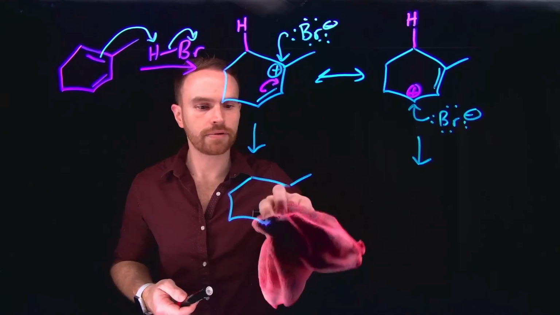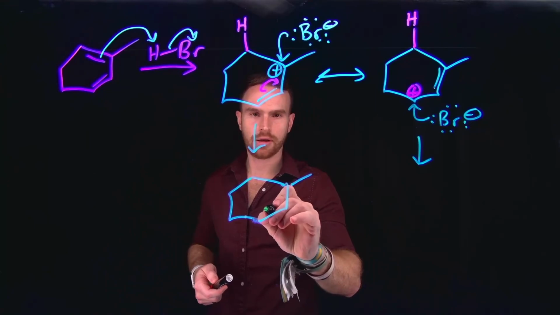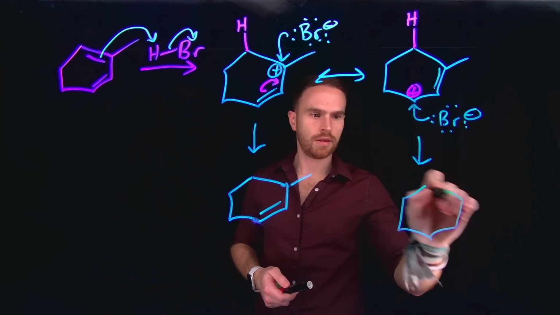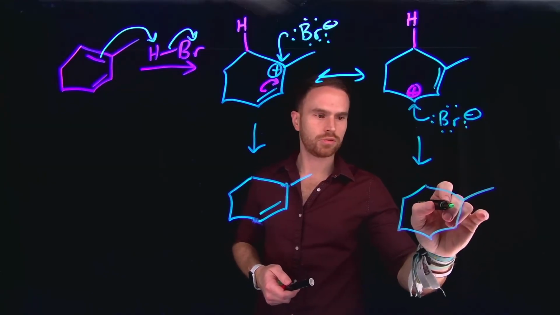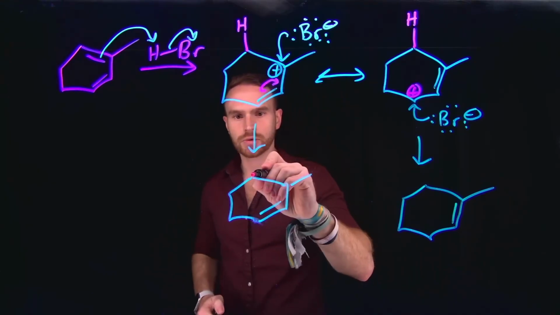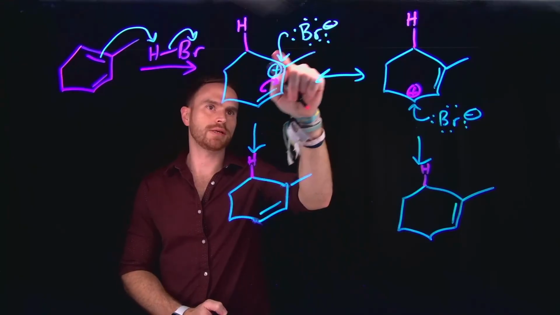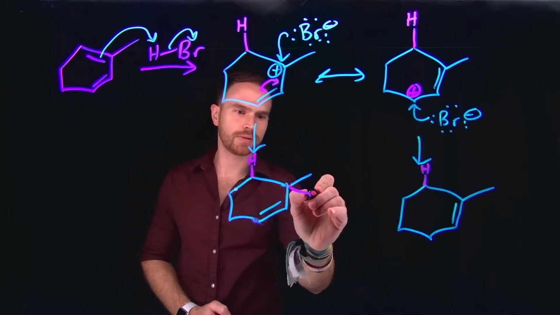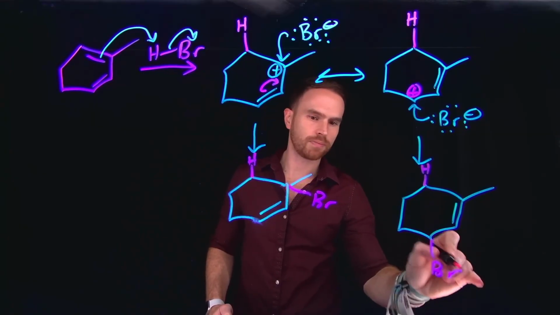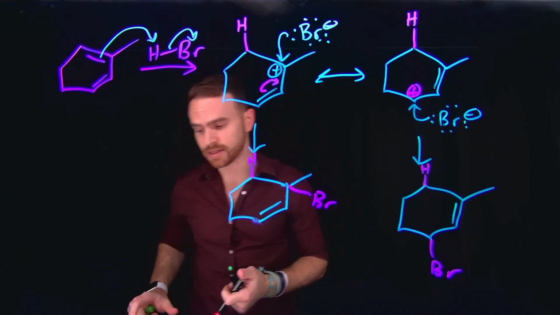Let me redraw that for you. Where we have product formation, I'm going to draw in my new bonds with a different color. So again, the hydrogen is at the top in both of these positions. And now we see that we have bromide at this carbon position, and we have bromine adding at this carbon position. And this gives us 2 unique products formed via this step.